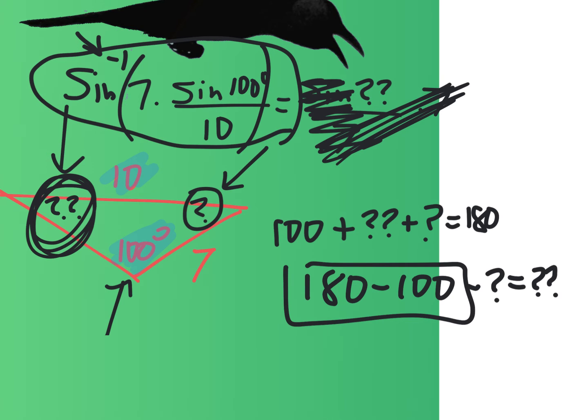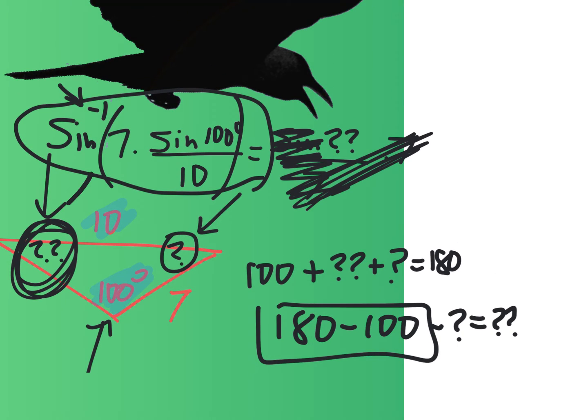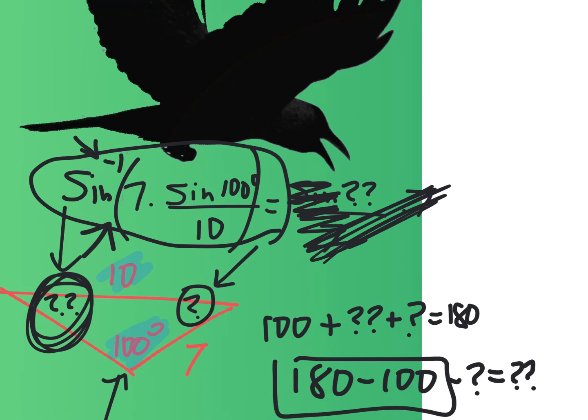That's 80 minus question mark. So when I have this answer, that answer is 80 minus question mark. So I'm not going to finish it, but I think you could see that we could get it as long as we had a calculator.